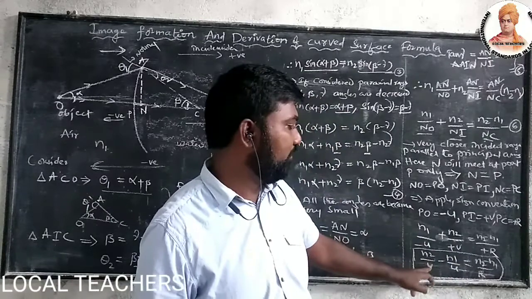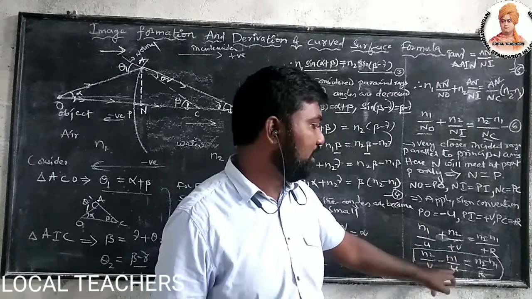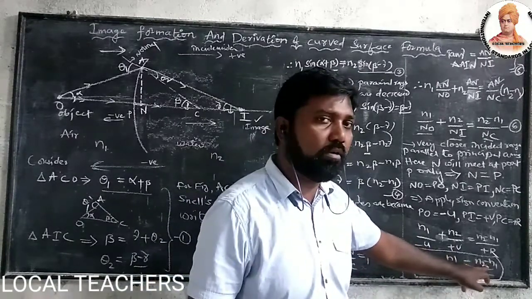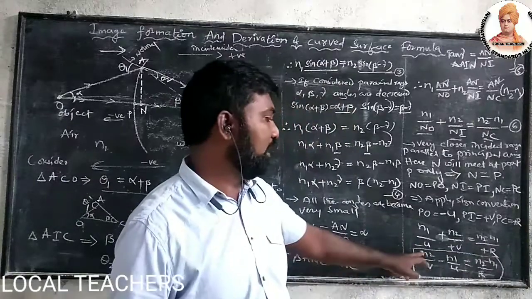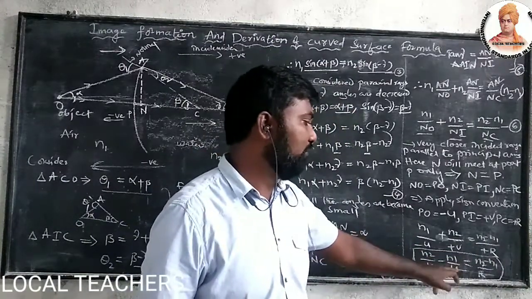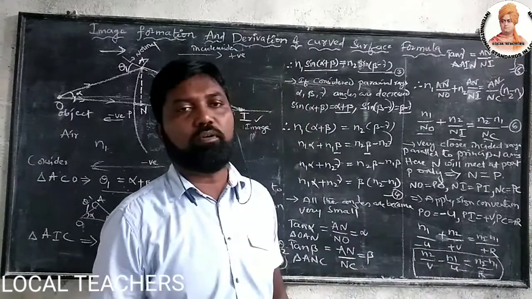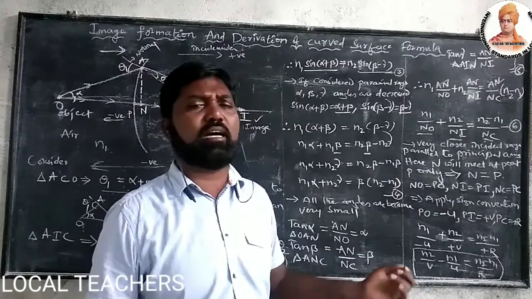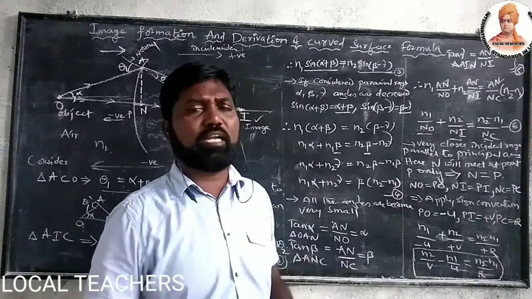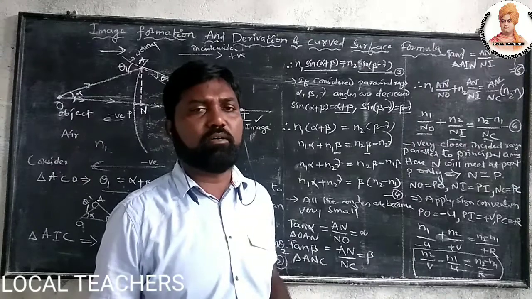Finally we get N2 by v minus N1 by u equals 0. So for plane surfaces, N2 by v equals N1 by u only. The difference is just that R becomes infinity, so the right-hand side becomes 0.